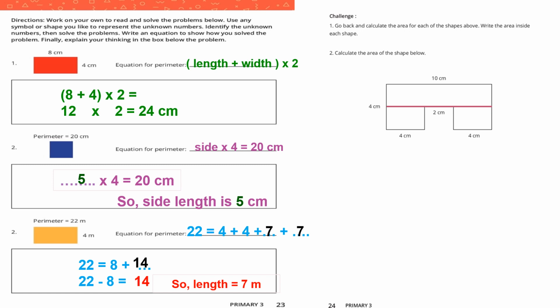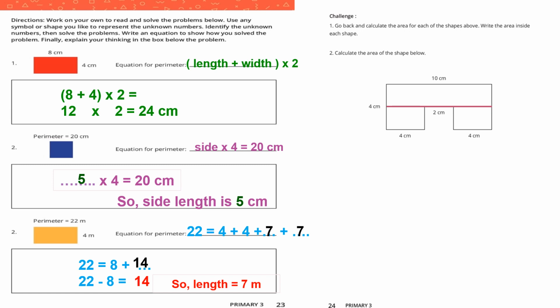I will leave this as homework for you. The area of a rectangle is length times width, and the area of a square is side times side. We know the side here, and we know the width and the length, so you can solve it by yourself. But number 2, I will solve with you.